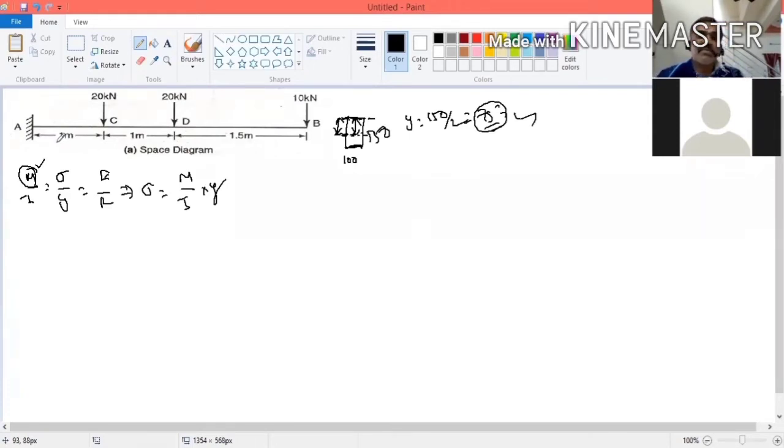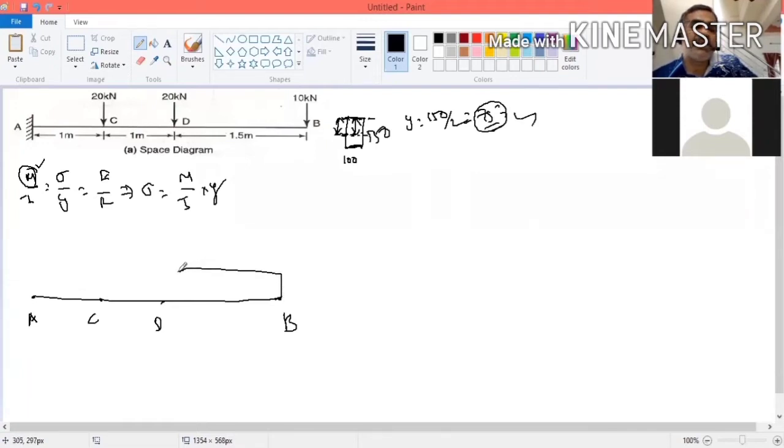What is a bending moment diagram? These are the different positions: A, B, C, D, E. If you know the bending moment at different points, you can draw a bending moment diagram.